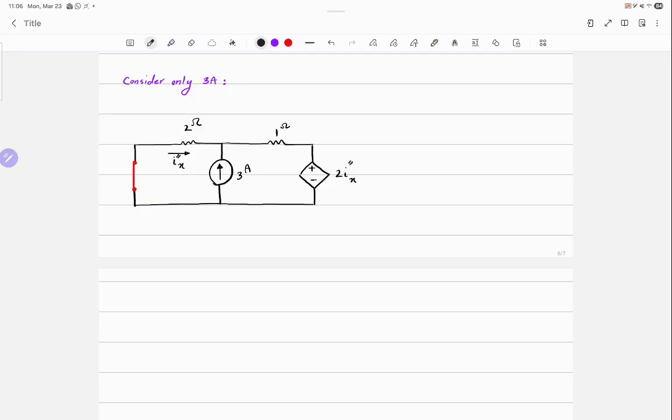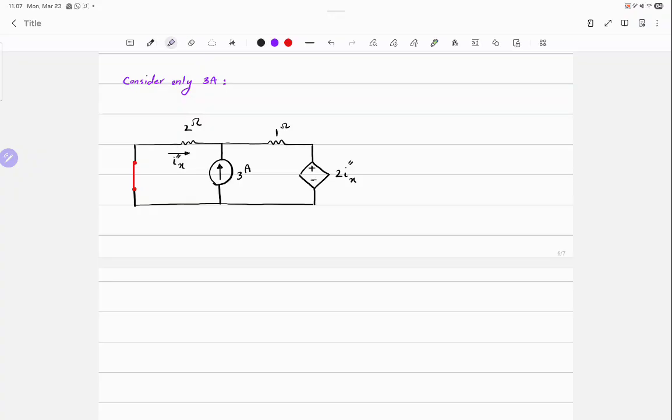So, what do you suggest we use? Any idea? KCL, okay.